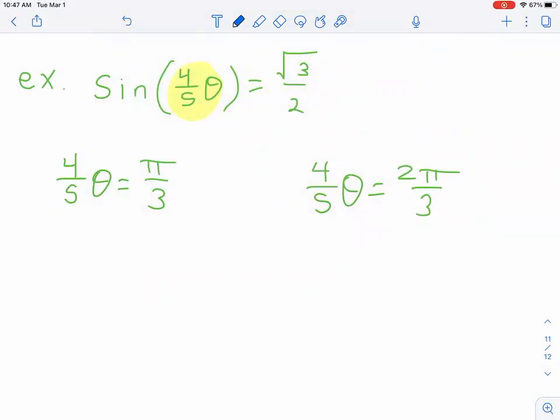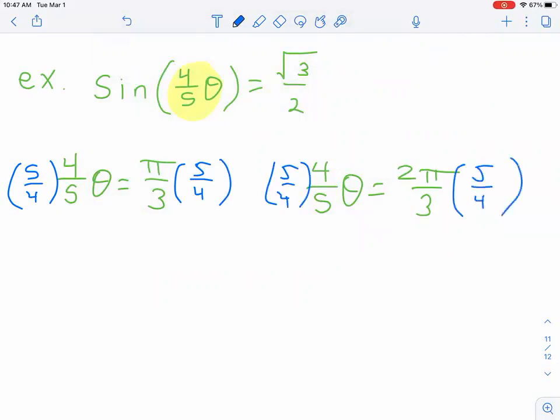And now I got to solve this for theta. So multiply both sides by 5/4 all around. And let's see, when we do that, we get theta equals 5 pi over 12 on the left part.